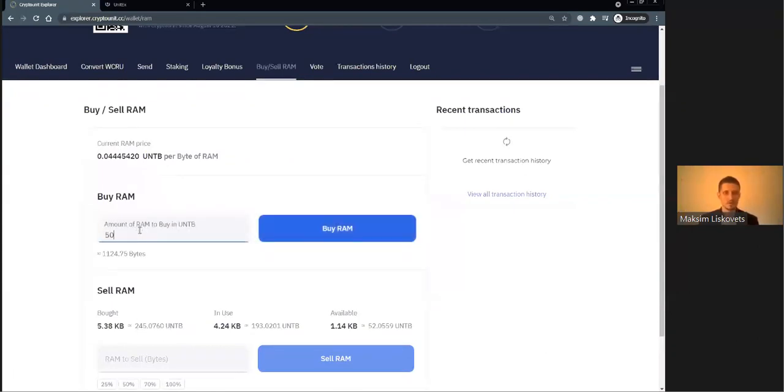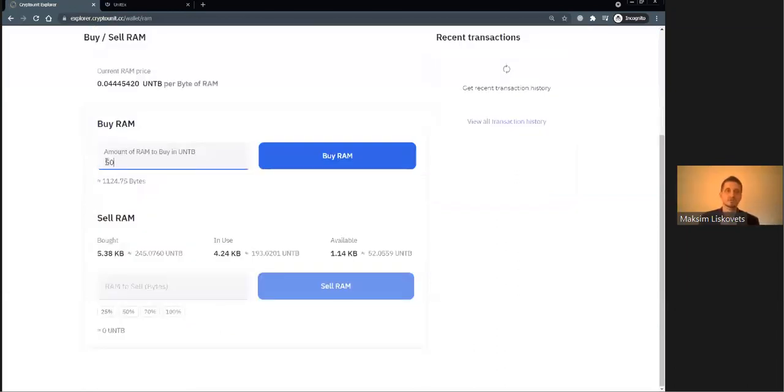Let's say we enter 50 UNTBs, for example. And see, in here, we enter the number of UNTBs, and below we can see the approximate number of bytes that we're purchasing for those UNTBs. And if we click on the button buy, we buy.